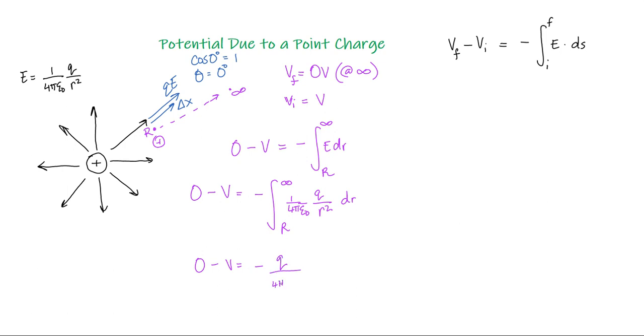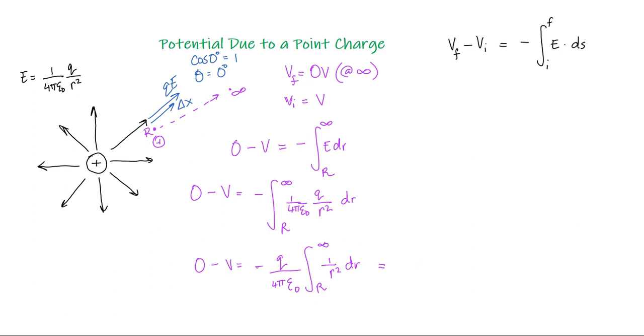Q over 4 pi epsilon naught, integral from r to infinity of 1 over r squared. Sorry, that should be a little r. Let's go ahead and get that right. dr.